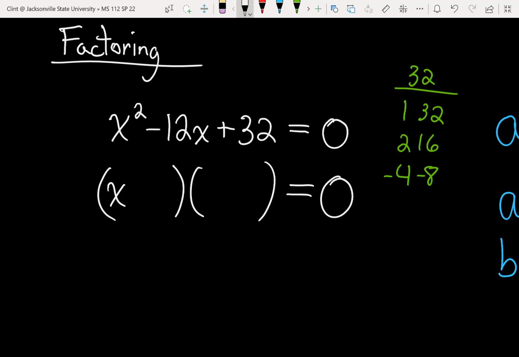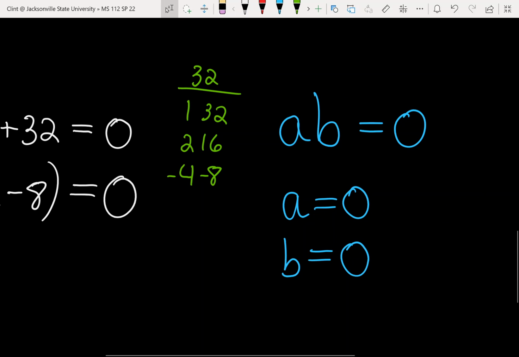So we know x times x will give us the x squared we need. And then now we know the -4 and the -8 will give us the rest. That's the factoring part. Now we make use of our little side note property.